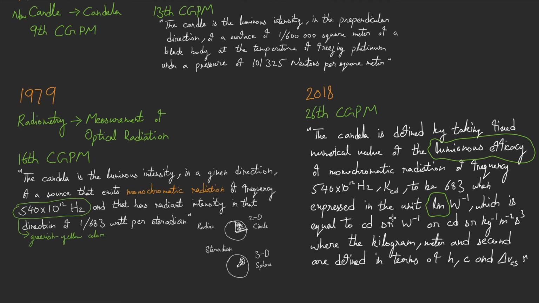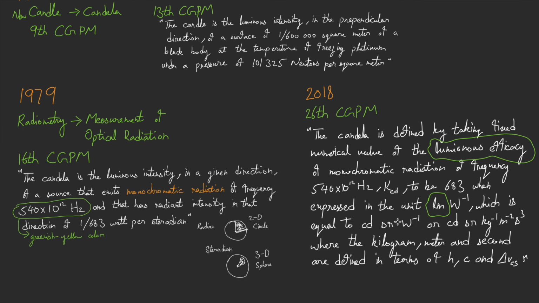It is also considered with the steradian, the cone-shaped section of a 3D sphere: candela steradian per watt, or candela steradian per kilogram per meter square second cube.